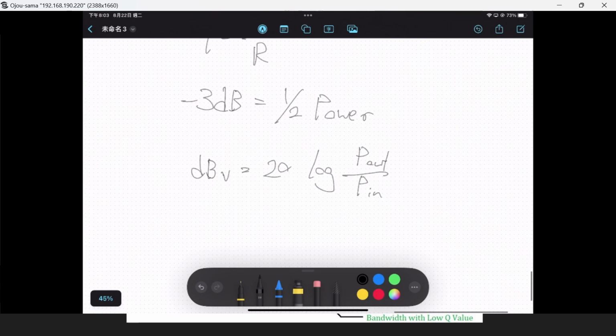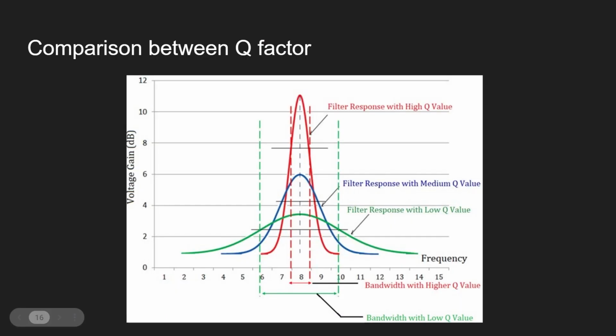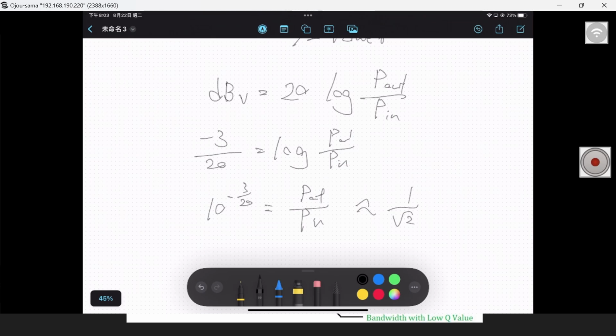We already know that it is minus 3, so minus 3 over 20 equals log of V out over V in. Then 10 to the power of negative 3 over 20 equals, which should be around this number. You can try to do it on your own. Or do you want me to do the math here? No, we trust you. Trust me.